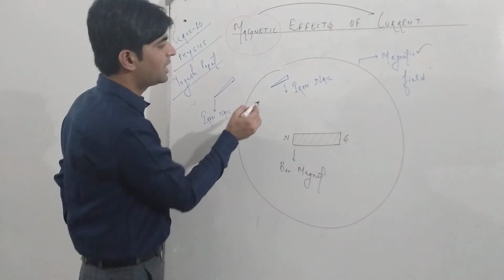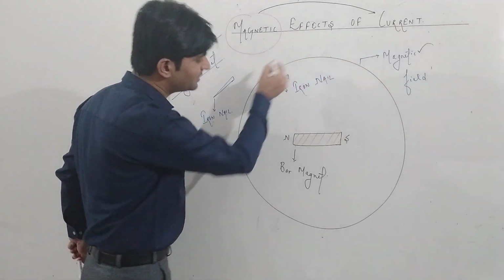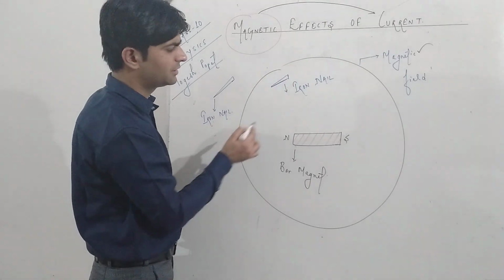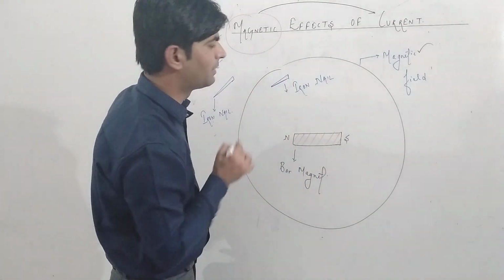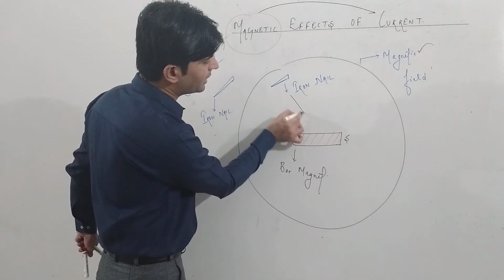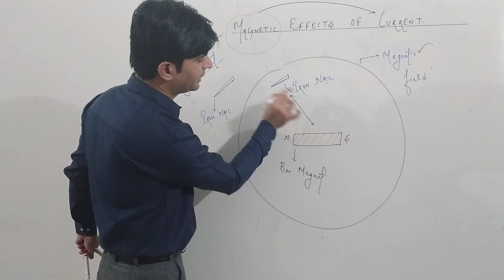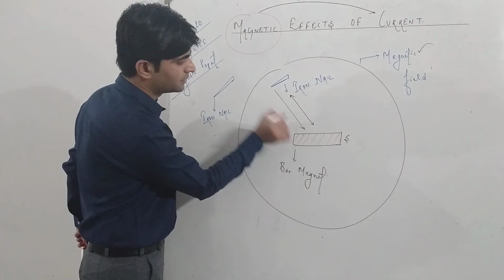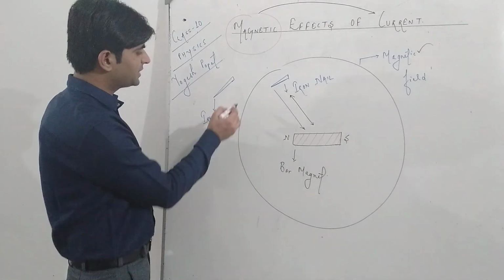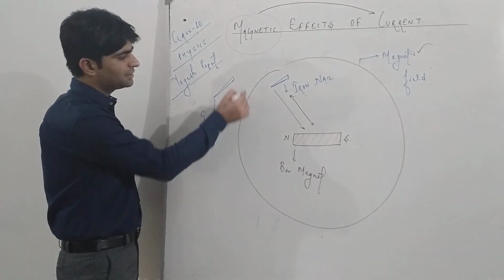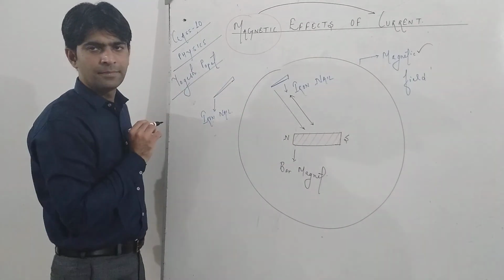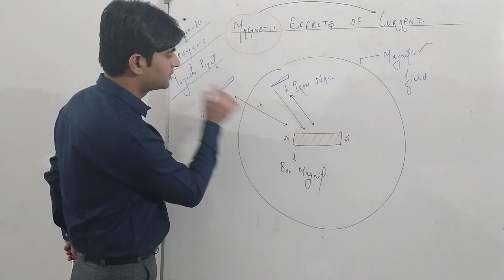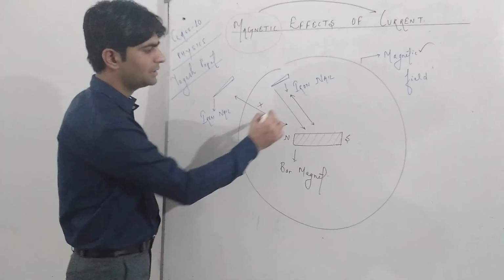That means if I keep this iron nail inside this region, this imaginary region which is not visible around the bar magnet, there will be a magnetic interaction between the iron nail and the bar magnet. The iron nail will get attracted towards the bar magnet. But if the same iron nail is kept outside this magnetic field, there will be no interaction between the bar magnet and the iron nail.